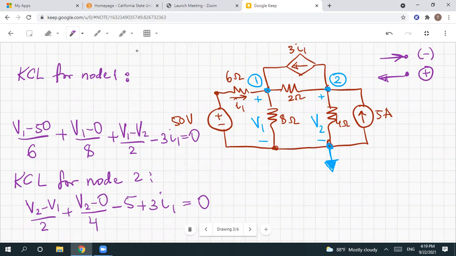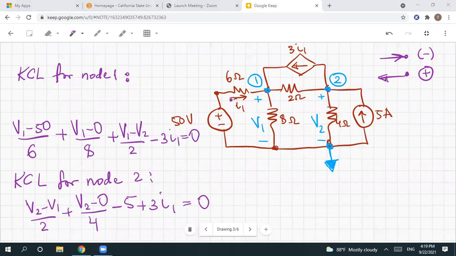So how many variables do we have in these two equations? 3, which are V1, V2, and I1. Either I will eliminate I1 from these two equations, or I will have a third equation. So let's have a look.